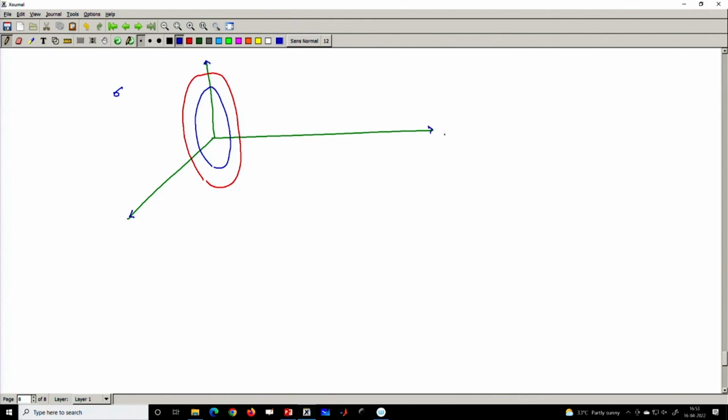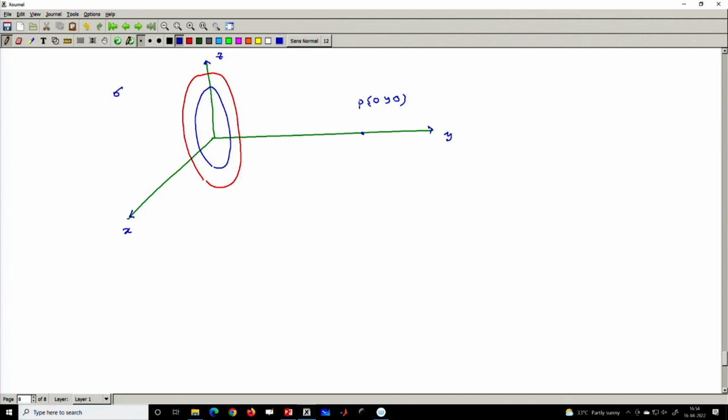If this is the y axis, and this is the x axis and z axis, what should be the potential at some point here over the y axis? Say the coordinate of this point P is 0 y 0.